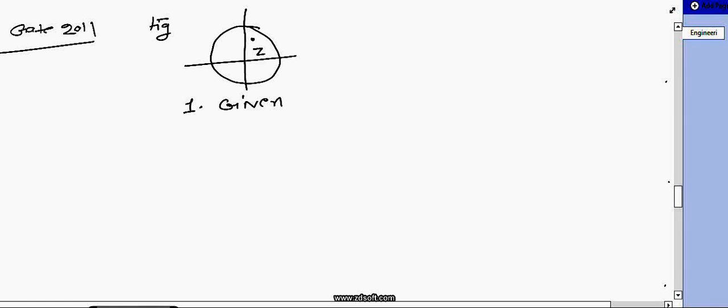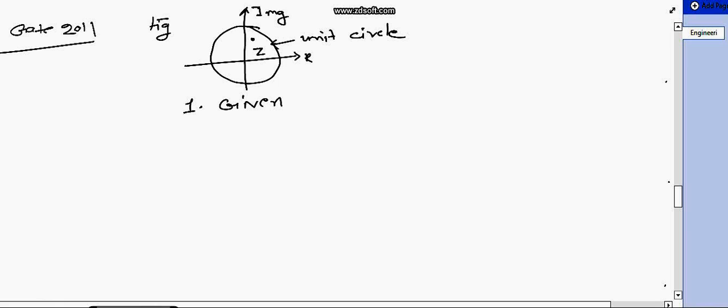This is given in figure number 1, and this is a unit circle, with a real axis and an imaginary axis.